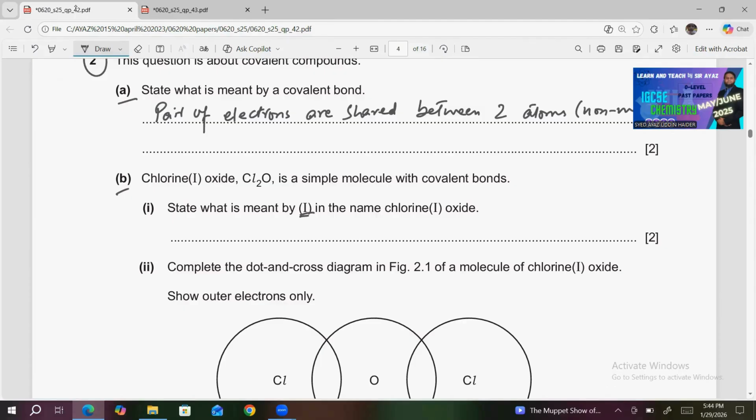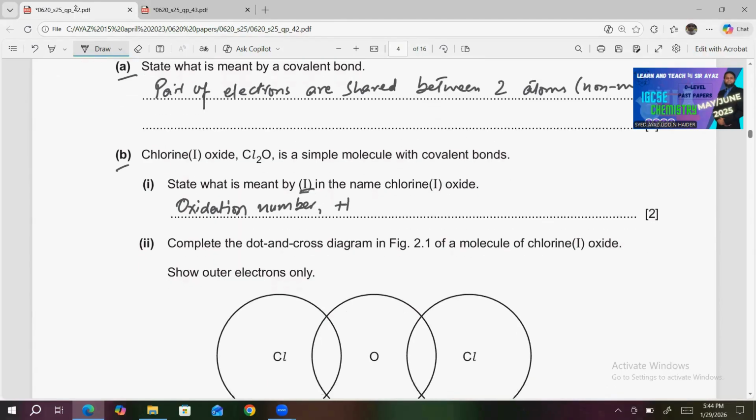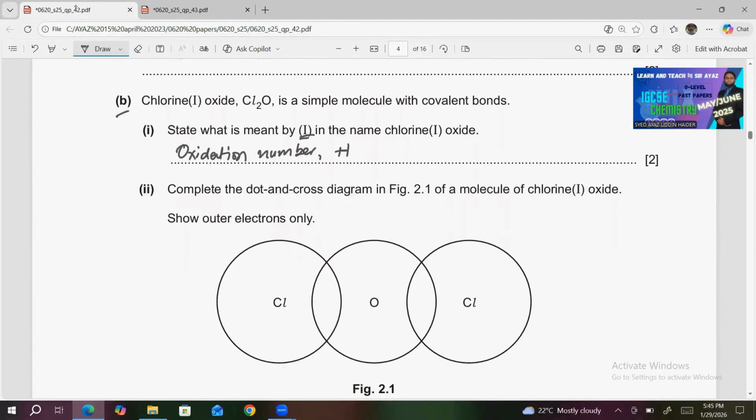So I'm going to write oxidation number, +1.